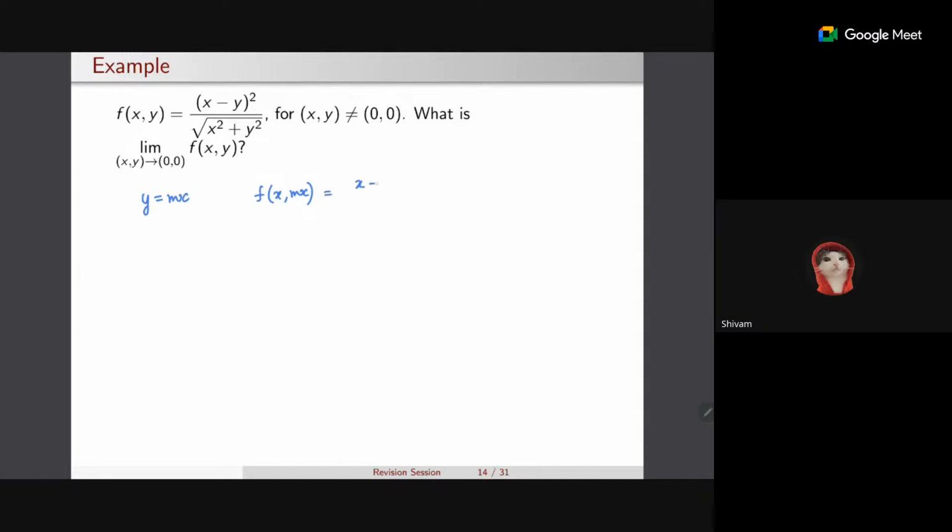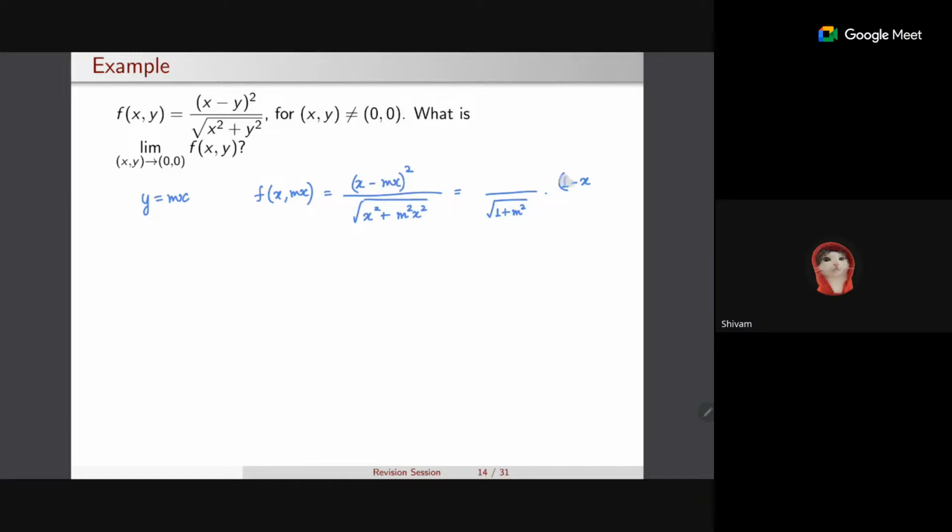This is x minus mx the whole squared, divided by the square root of x squared plus m squared x squared. This is m squared divided by square root of 1 plus m squared times, no, what am I doing?